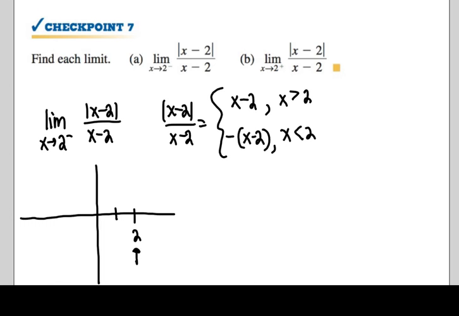So what's happening? Well, when x is greater than 2, I have x minus 2. Let me use some color here. I've got x minus 2 over x minus 2. This goes right in for that, right? So x minus 2 over x minus 2 is 1. So when I'm greater than 2, I'm just going to get a 1 out. However, when x is less than 2, I'm going to have the opposite of x minus 2 over x minus 2, which is going to give me a -1.